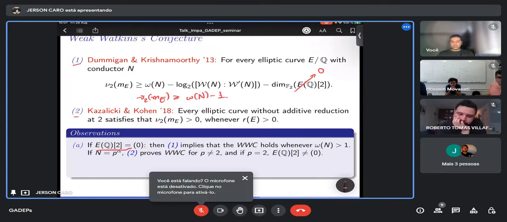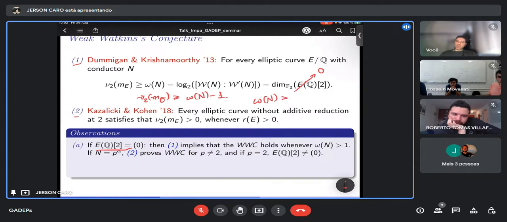So nothing to prove here. So in particular, if omega(N) is bigger than 1, this number is always positive. So WWC holds for omega(N) bigger than 1. So if omega(N) is equal to 1, then N is a power of a prime.